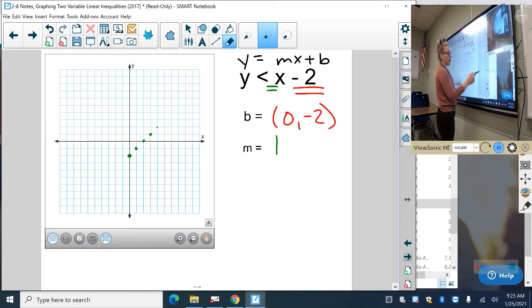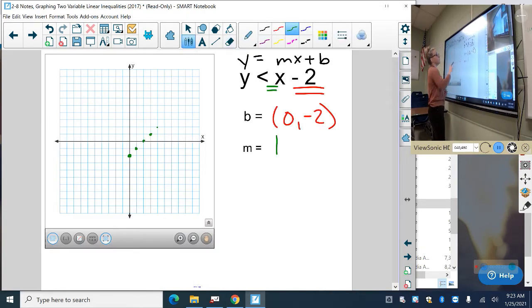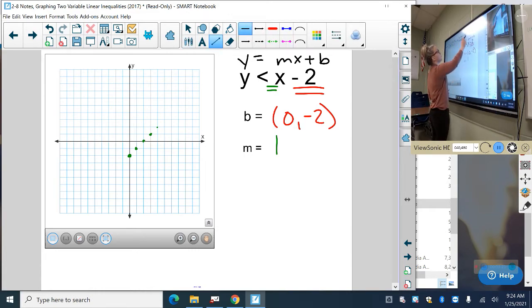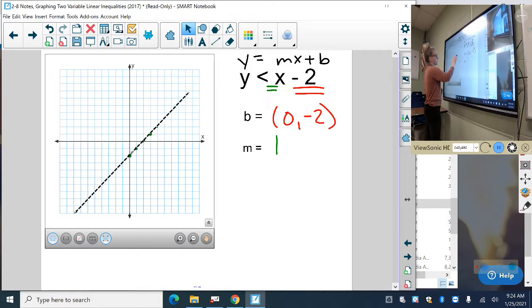Well, if we look at our actual example, since we have less than, that means we have a dotted line. So I'm going to use this dotted line. When you graph, you're going to do it on Math Excel. You're also going to make sure you use the dotted line. And it looks like this.